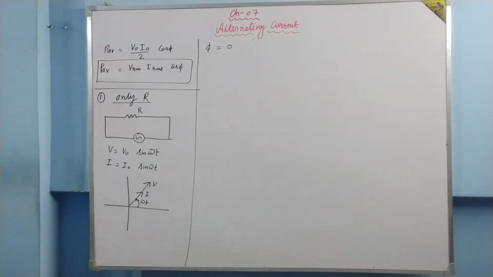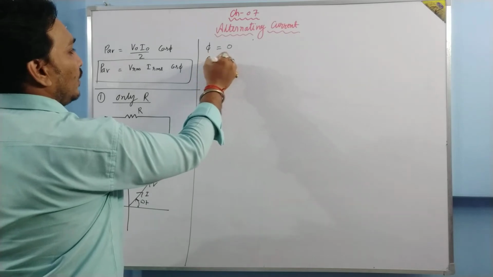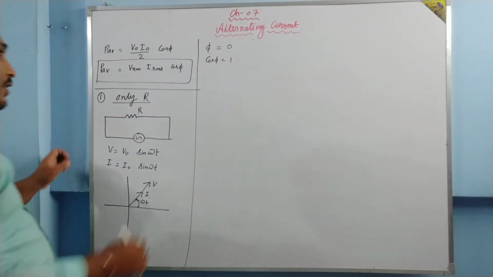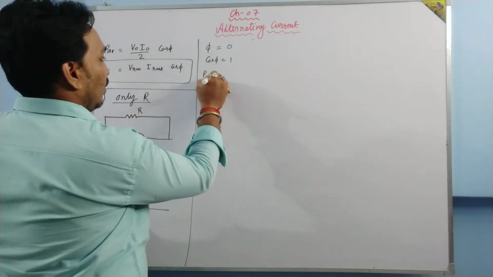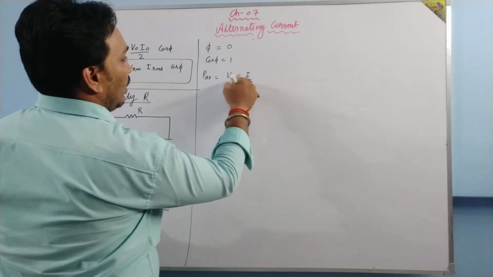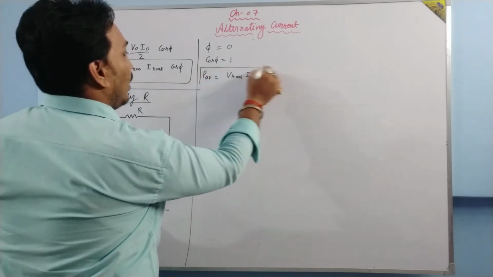When phi is equal to 0, then what is the value of cos phi? The value of cos 0 is 1. So in that case, the average power is given by VRMS into IRMS.